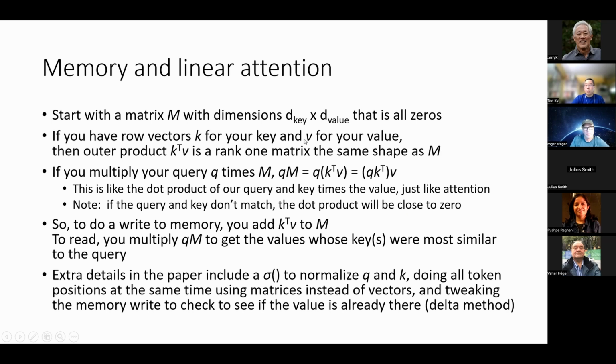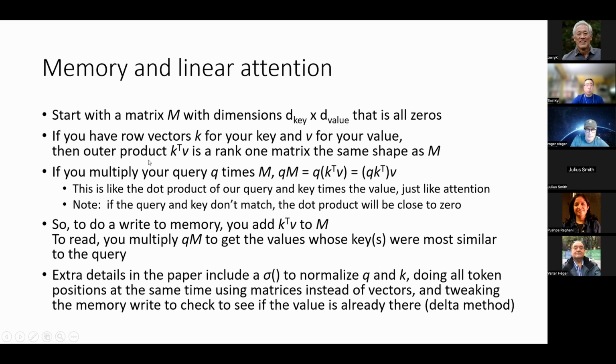So if you have a residual stream that's 8,000 and you have 16-headed attention, then d_key and d_value are both going to be 512. But this will work mathematically for any size. Now imagine that you have a row vector k for your key and a row vector v for your value.